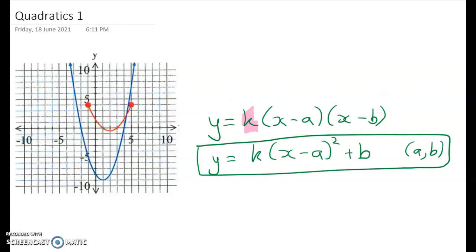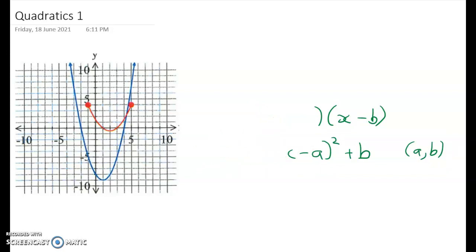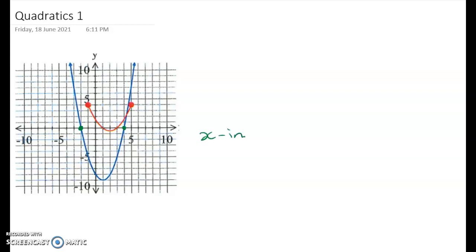Okay, so let's take a look first at the blue one, because for the blue one, we can choose either of those methods. For the blue function, the first way I'm going to do it is by using the x-intercepts. We can see we've got a blobby point here, and we've got another one here. So the x-intercepts are at x equals -2 and x equals 4.